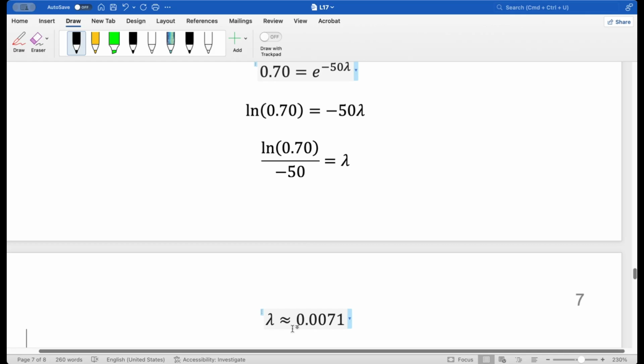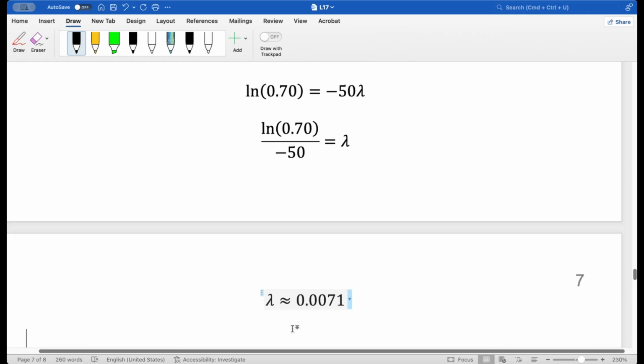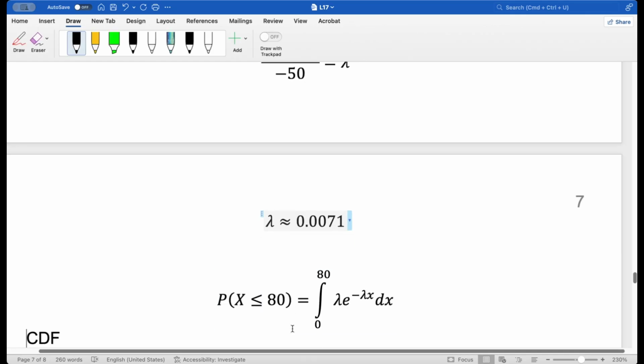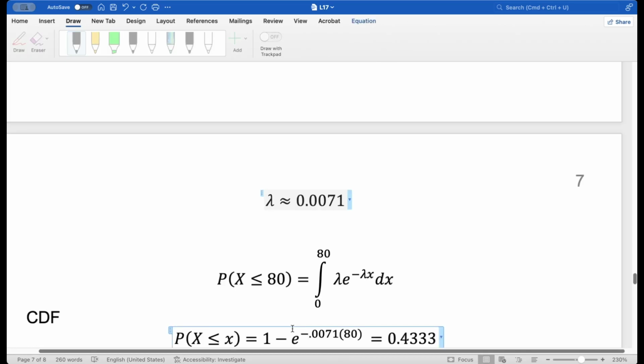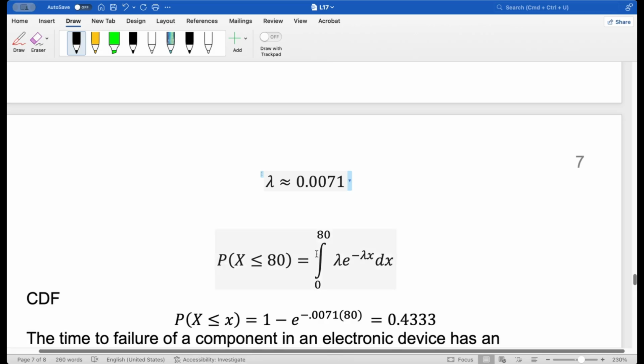Remember that the mean is actually 1 over lambda, but we plug this into the function here, and we wanted to get the probability that it's within the first 80 days. Plugging the lambda and the 80 into the CDF, it's 1 minus e to the negative 0.0071 times 80, which is 0.4333.